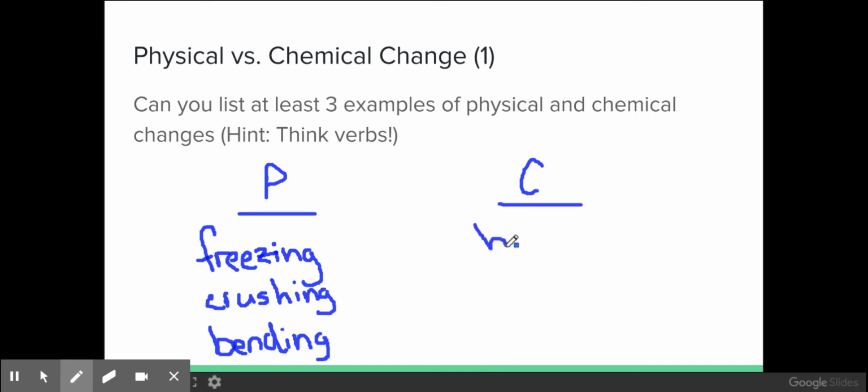Chemical changes. Burning. You take a piece of paper and you burn it. The carbon and the hydrogen and the oxygen atoms in the paper recombine and you get carbon left over and water vapor and CO2 gas. Burning is a chemical change.